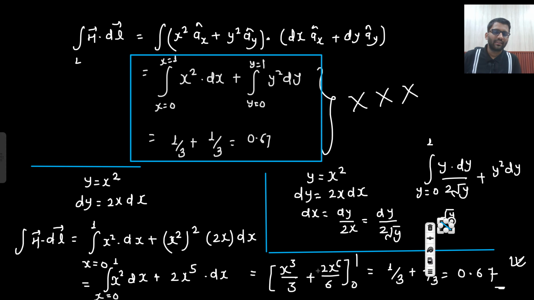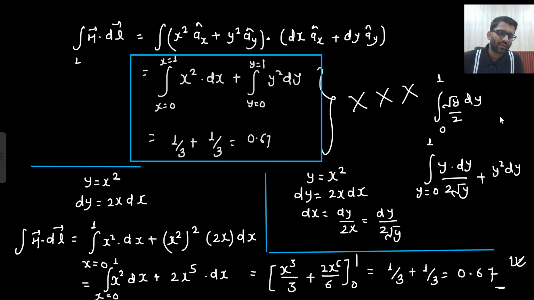So directly I am writing the result now. Here you will get root y by 2 integrated from 0 to 1. What will that be? y to the power 3 by 2 divided by 3 by 2 from 0 to 1. So 1 by 3 you are going to get.